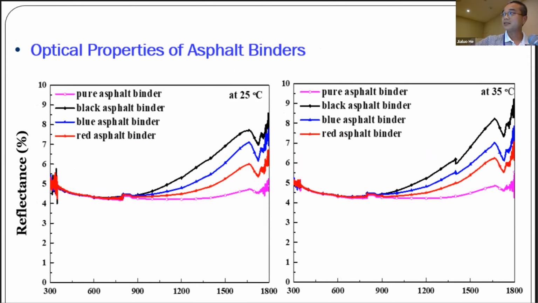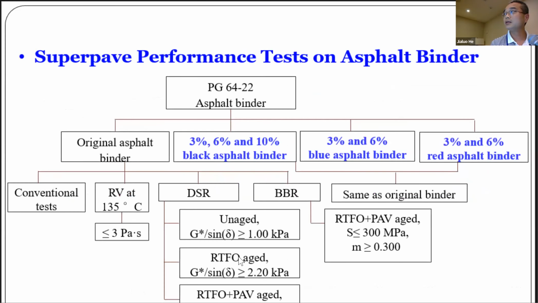Compared with the pure asphalt material, which is the baseline, incorporating this thermochromic material into the asphalt binder modulates the solar reflectance, mostly in the infrared range. So that's the performance benefit we try to look into.